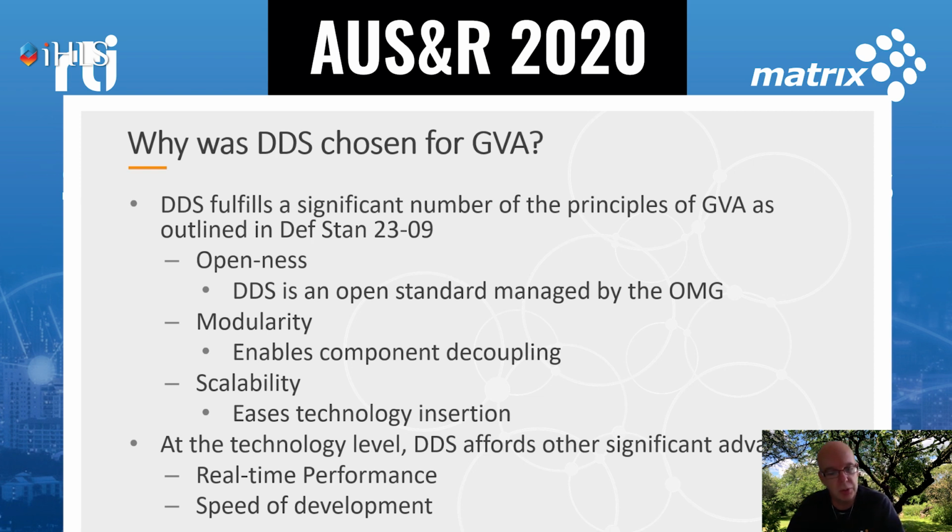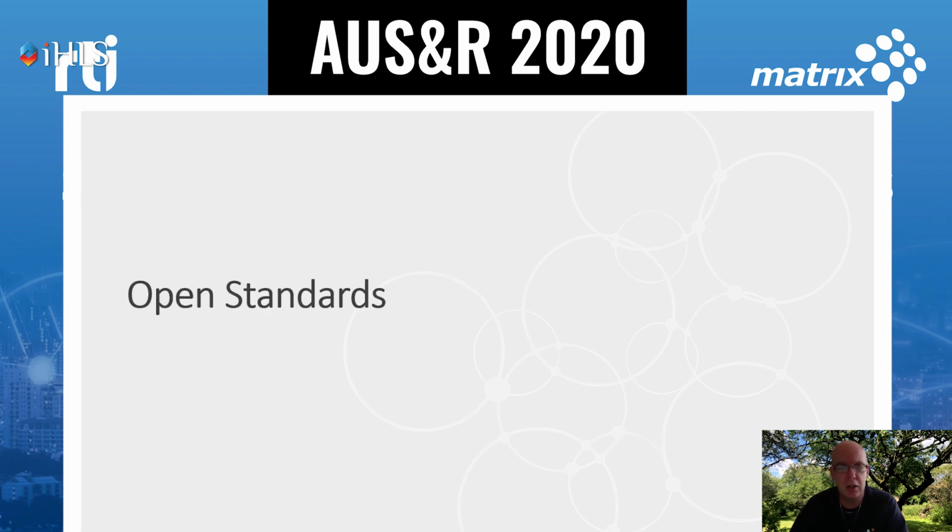And it also enables scalability, and that's another thing that's embedded in the GVA specification. There are some other technical advantages that I'm not going to cover too deeply in this presentation, but for example, performance. DDS enables real-time performance, and that fits really nicely with some of these components that are used in GVA vehicles.